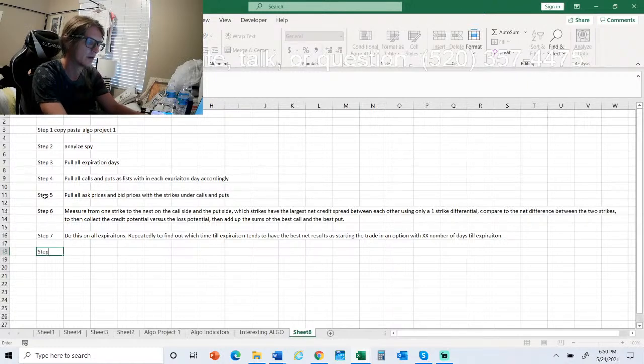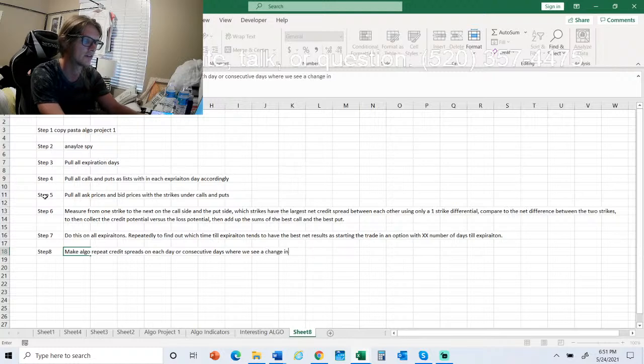Step 8, make the algo repeat credit spreads on each day or consecutive days where we see a change in stock price up or down equal to our number chosen.